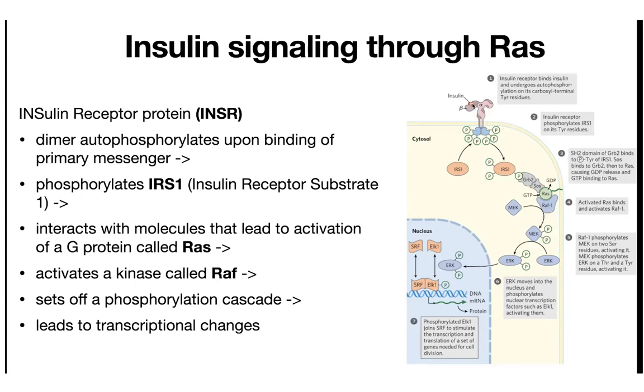So if the insulin receptor binds to insulin, it activates itself, which is then going to phosphorylate IRS1. Once IRS1 is phosphorylated, now it's going to have a binding site for a protein called GRB2. And GRB2 is then going to bind to this protein called SOS. SOS is then going to bind to this protein called RAS.